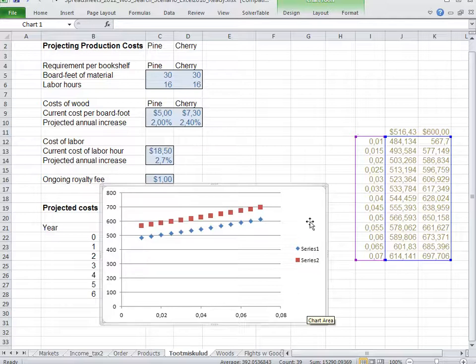The costs will go up, and they will go up together, because both will be using this labor cost. Okay, so this is our scenario analysis.